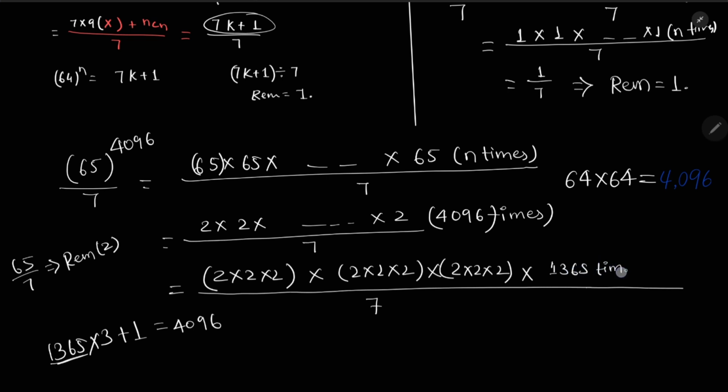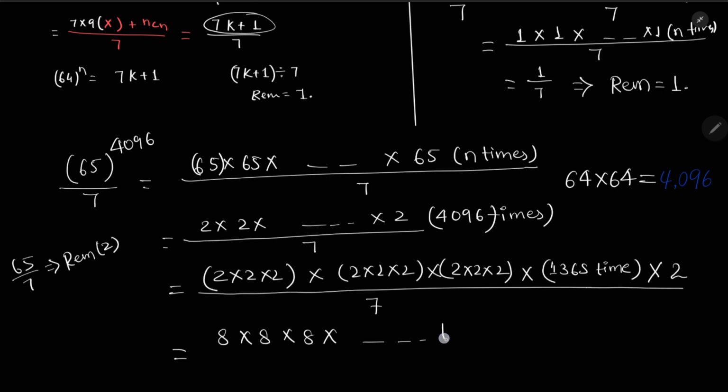1365 टाइम्स, और 2 एक लास्ट में बच जाएगा, ठीक है. So if I divide 8 by 7, I will get remainder 1. Or we can write, instead of 2 into 2 into 2, 8 into 8 into 8 into dot dot dot 1365 times into 2, ठीक है, divided by 7.